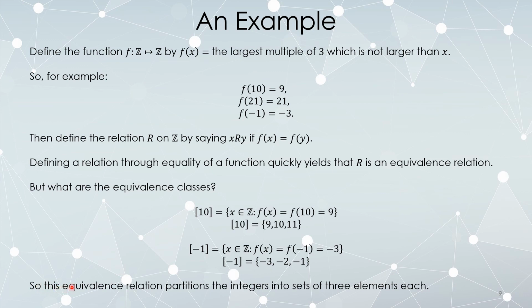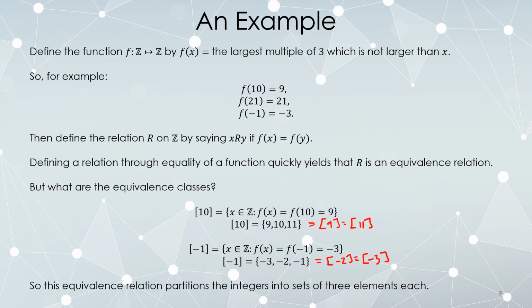What this does is it splits the integers into sets of 3 elements each. So this happens to be the same thing as the equivalence class of 9 and is the same thing as the equivalence class of 11. This is the same as the equivalence class of -2 and the same as the equivalence class of -3.